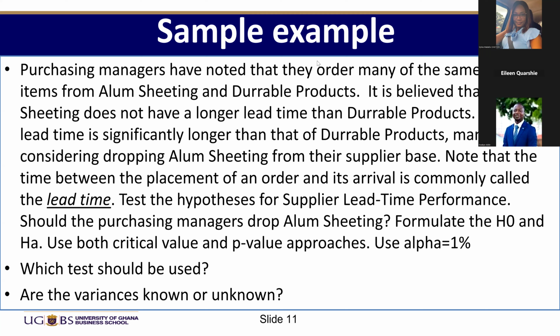In other words, durable product takes longer than alum sheeting for the null hypothesis. And so therefore, we are concluding that alum sheeting takes less time as compared to durable products.